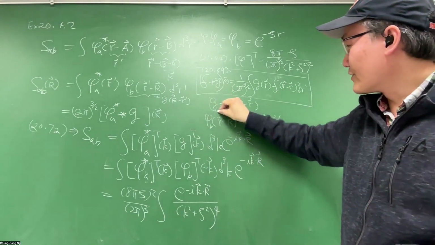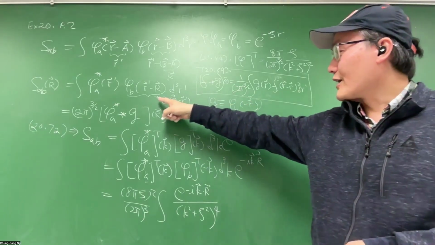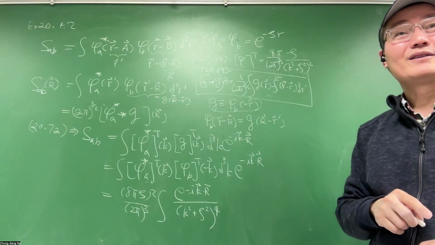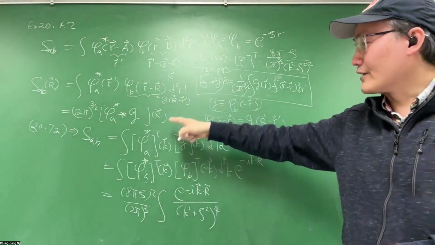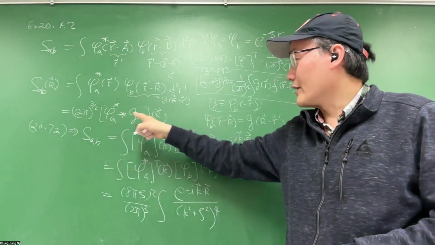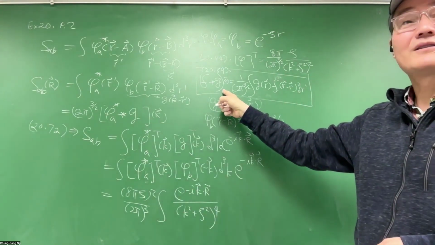Yeah, this is the definition. I just introduce a function so that I can write it in the standard form. Then this becomes a convolution of phi_a and g, using this definition.